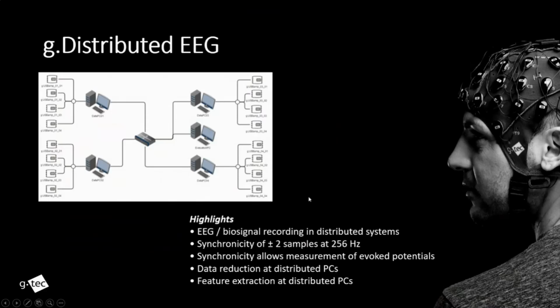Some highlights here are that it allows you to do multiple subject analysis or measurement, or doing the same task together, such as hyperscanning through different PCs. And the synchronization accuracy will be plus or minus 2 samples at 256 hertz, which is usually enough for measuring evoked potentials for individual subjects.